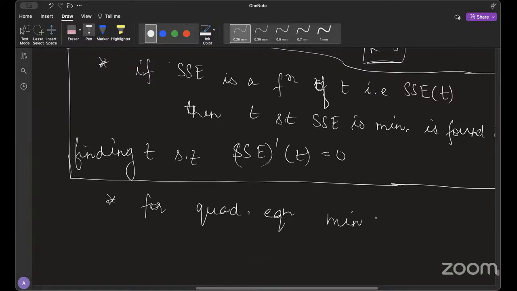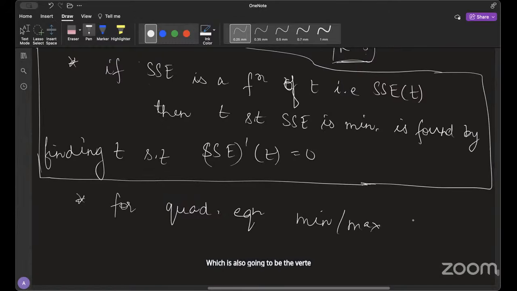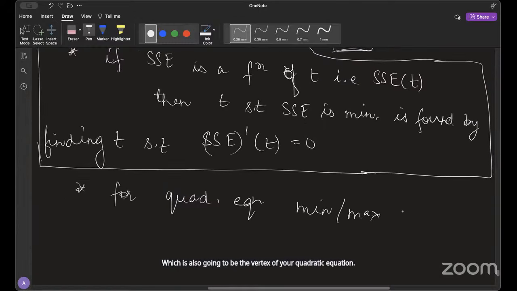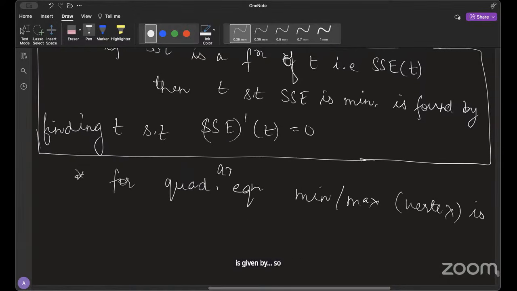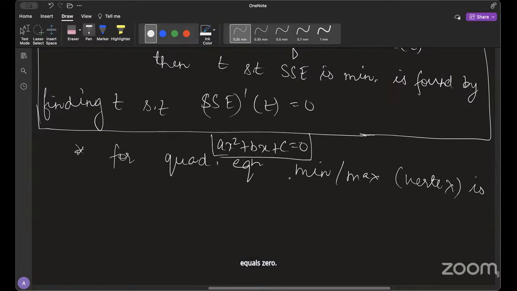The minimum or maximum of a quadratic equation, which is also going to be the vertex, is given by: if your quadratic equation is ax square plus bx plus c equals 0, then the vertex is given by minus b by 2a, comma f of minus b by 2a.